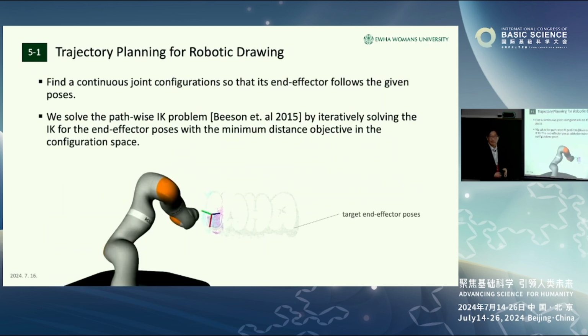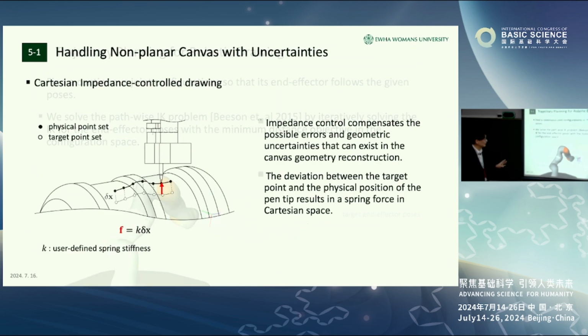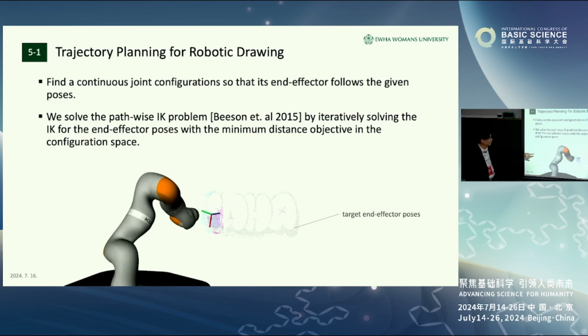If you do this, now you're almost ready to draw something on the physical surface. But unfortunately, this is not sufficient, depending on how accurate your sensing is. If your sensing or reconstruction is very accurate and very precise, and you follow these motions, you can create it.